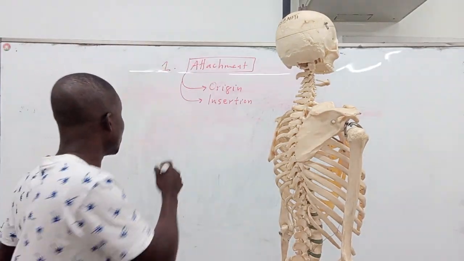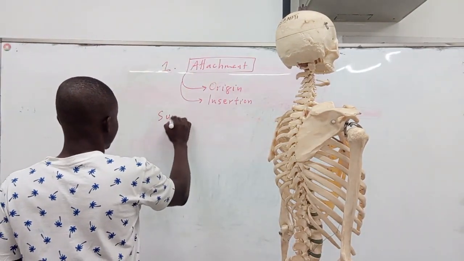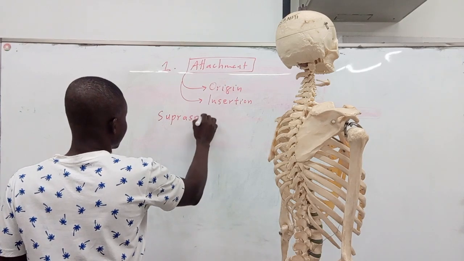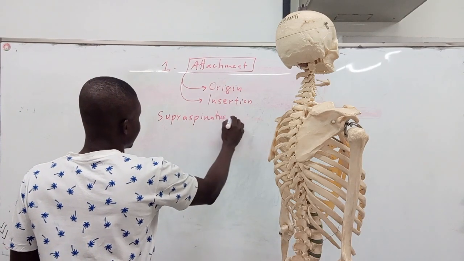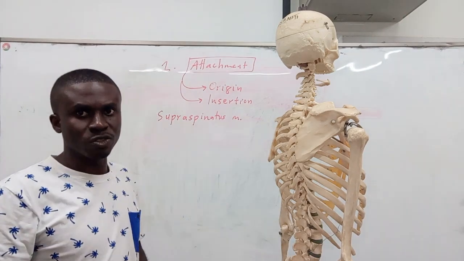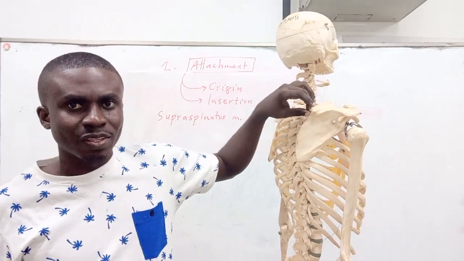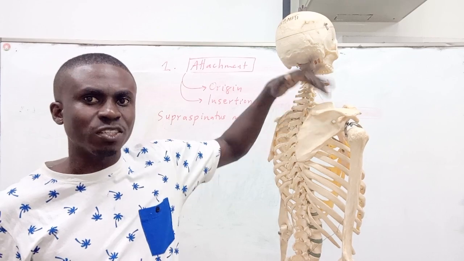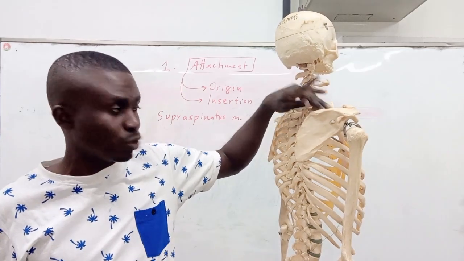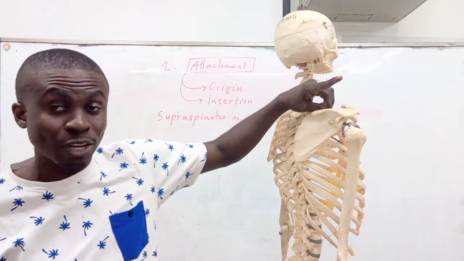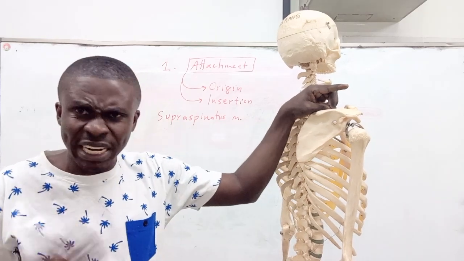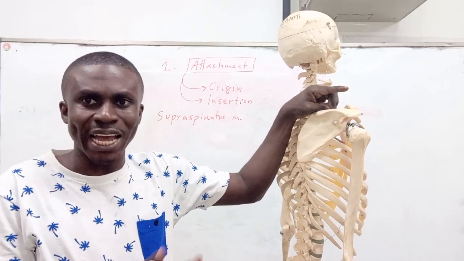Supraspinatus muscle. Now there's this spine over here. Above the spine, you have the supraspinal fossa. So there's a muscle which originates in the supraspinal fossa. That's why we are calling it supraspinatus, the way of naming muscles based on their attachment.